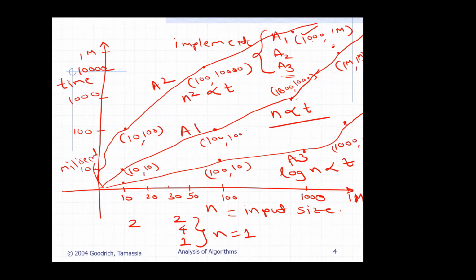So it's a reverse kind of relation. If the growth rate is too high, we don't want to use that algorithm, assuming it's going to get worse and worse as n increases. Ideally, we want the algorithm which has a smaller slope or smaller growth.